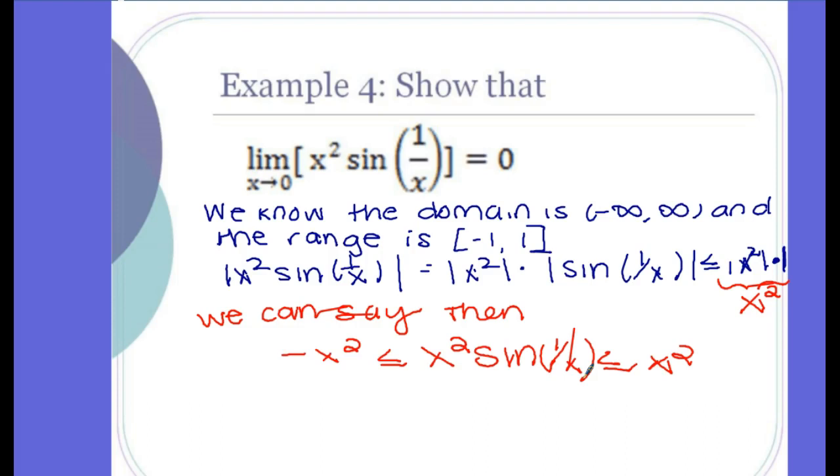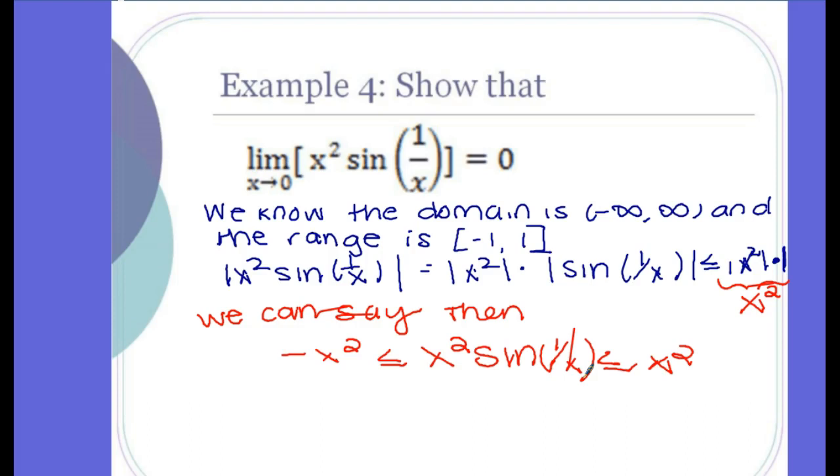All right, so if we know it has at most a negative x squared and at the greatest a positive x squared, what is our limit looking for? We're looking for what's happening where? Yeah, at 0, right? So we could say, okay, we know it has to live between these.